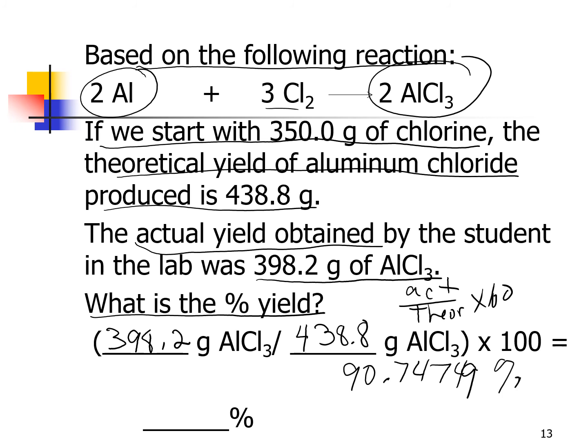And then you always want to do significant figures for any type of calculation, so percent included. So when we have 350 and 438.8, they both have 4 sig figs. So my final answer should have 4 sig figs. So let's go ahead and drop some digits and round up.